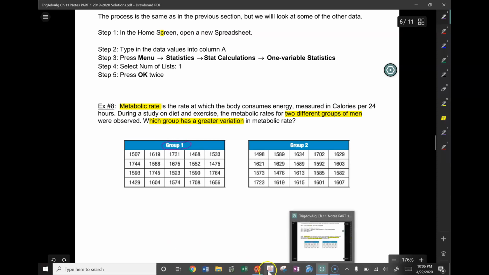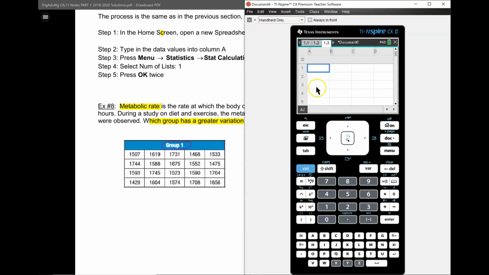So let's go ahead and do that. Here's our calculator. This is where you would normally put it in, right? You would say 1507, enter, and so on and so forth. Now, in order to save time, I already did that ahead of time. This is the list, and you can see here we have 20 numbers, and we have 20 numbers over there.